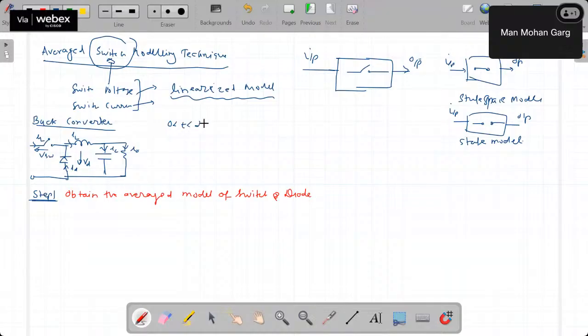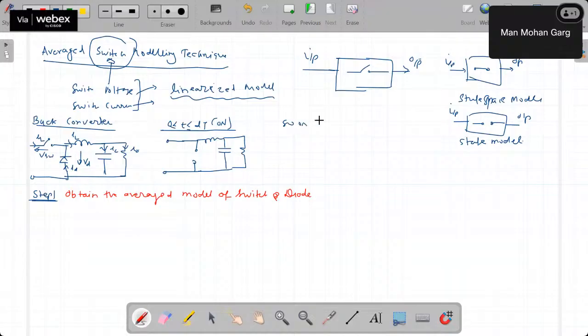from 0 to DT period, when the switch is on, what is the converter model? The converter model is like this.